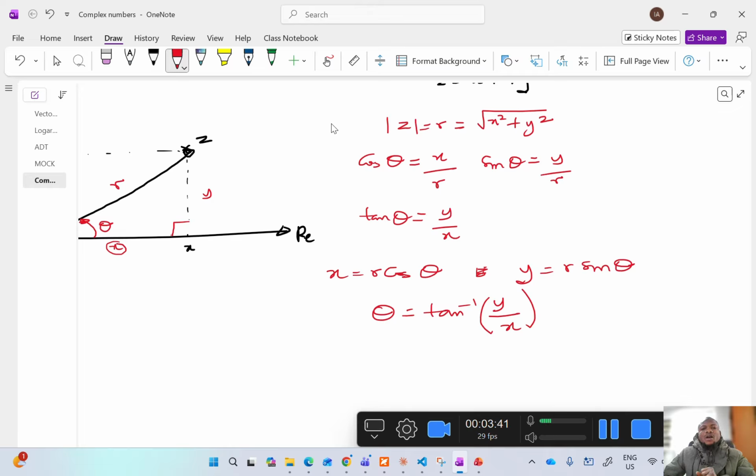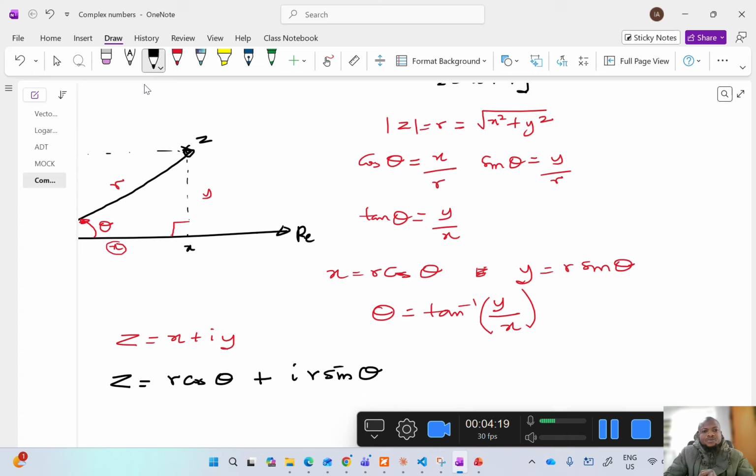Okay, good. After this is well understood, remember that we used to write a complex number as z is equal to x plus iy, isn't it? This is called the rectangular form. So you can also write it in modulus and argument form, which is also called the polar form, as z is equal to r cos theta, plus i, the value for y, which is r sine theta.